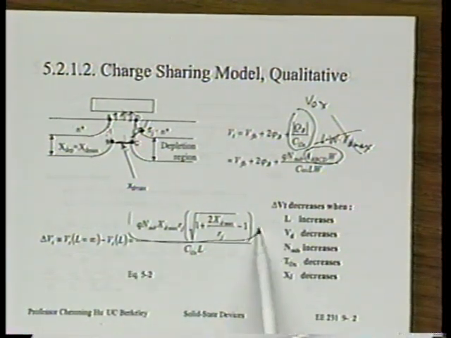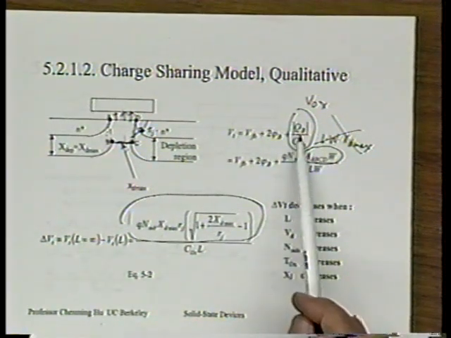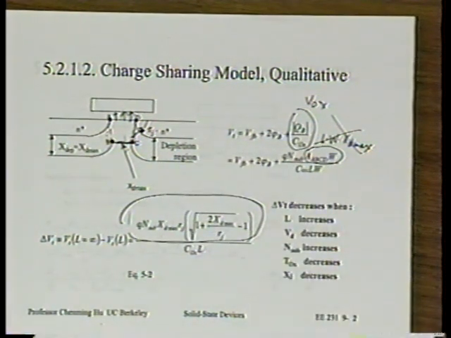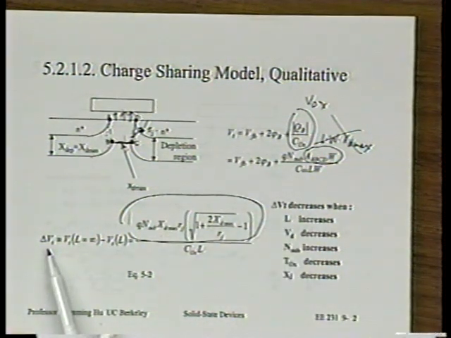Compared with the rectangular case, the long channel case, you will see a modification. The VT will be different by an amount delta VT, and delta VT can be given in this manner. You follow what I'm saying?